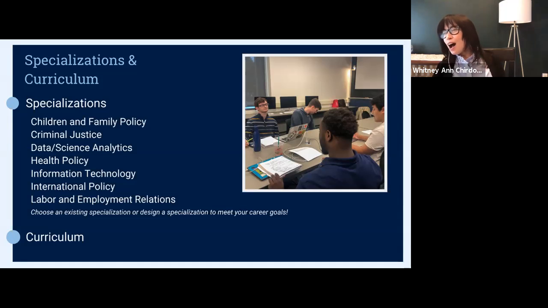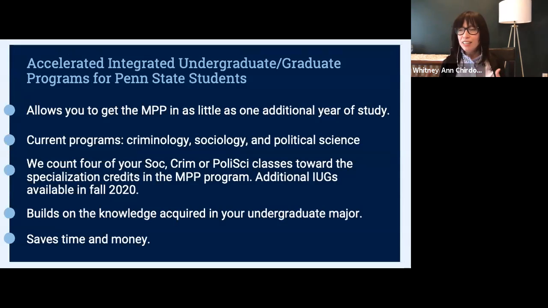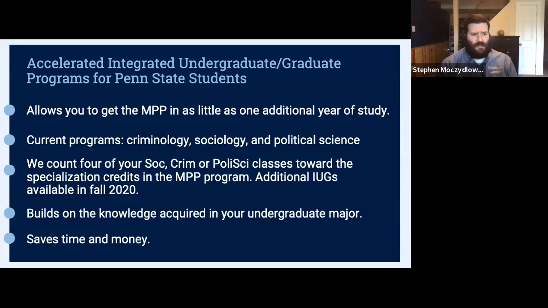Great. Okay. So Stephen, tell us about something that we have for Penn State undergraduate students like Caitlin. Yeah, so if you are currently a Penn State undergraduate student and you are interested in the public policy program, we have a few options available for students to do an accelerated integrated undergraduate to graduate option, which we'll say is an IUG going forward.